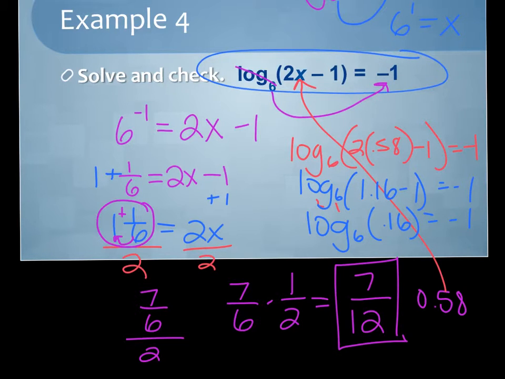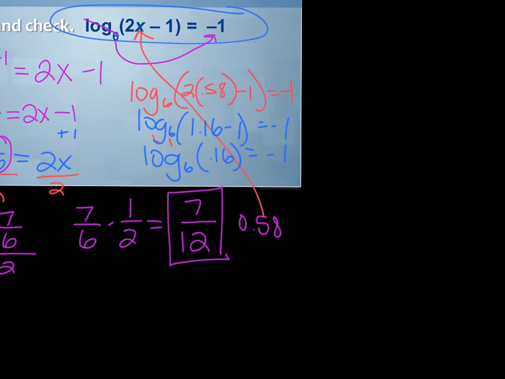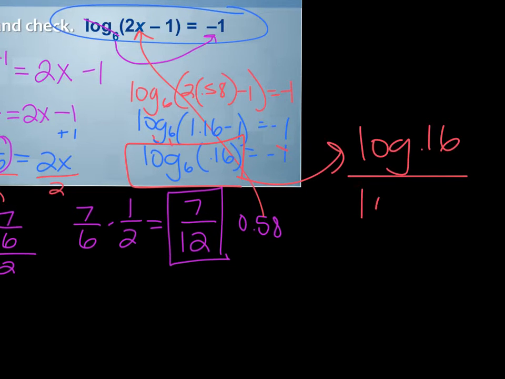And this time I would have to use the change of base. Change of base tells me if I want to figure out what this is, I do log of 0.16 over log of 6. And I get negative 0.10227, which is again rounded but pretty close to negative 1.